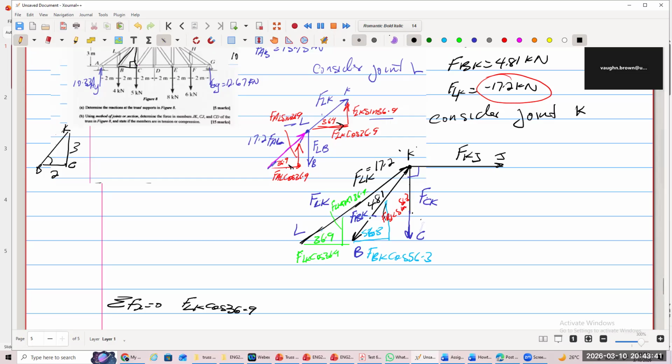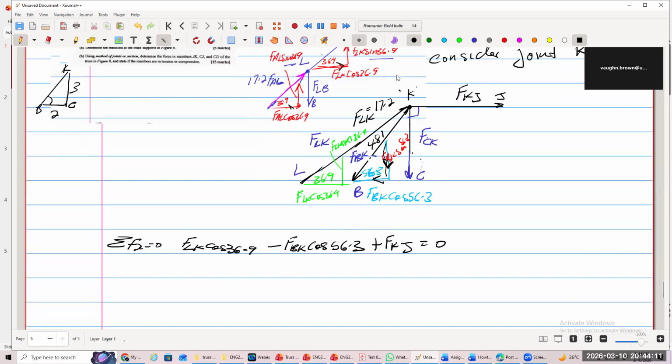This one is going negative, so it is minus F_BK cos 56.3. And then the last one is going in the positive direction, F_KJ equals 0. So we need to look at the direction the force is going in order to write them.